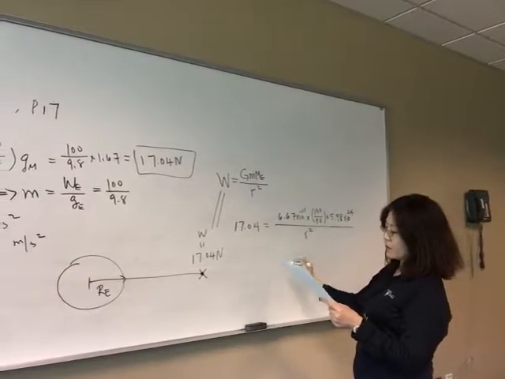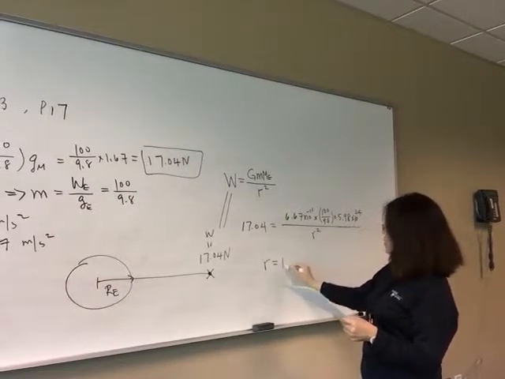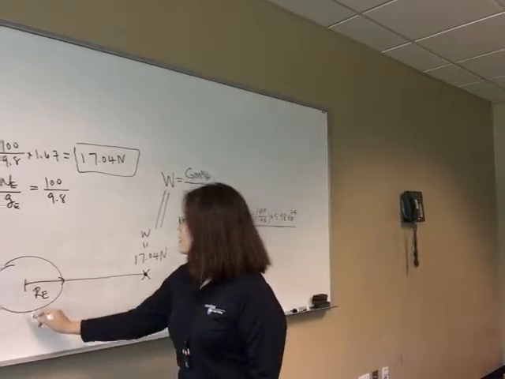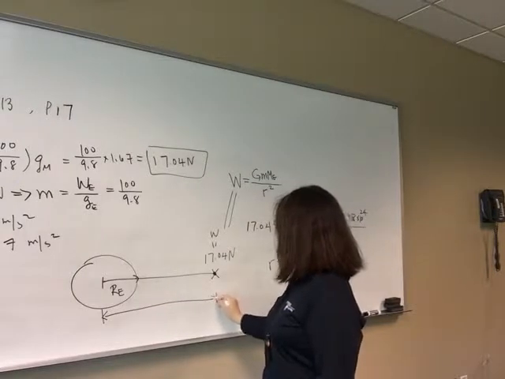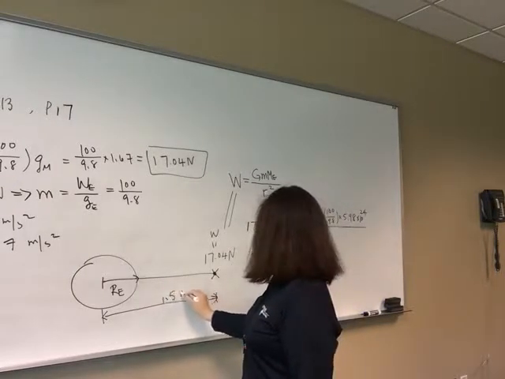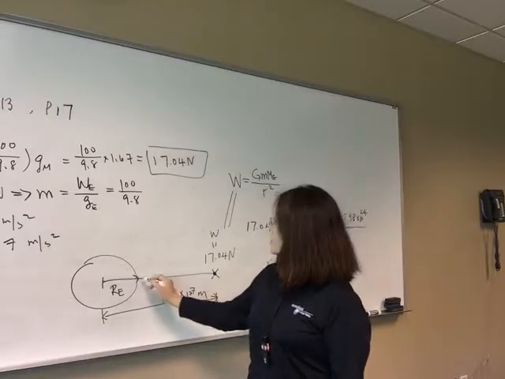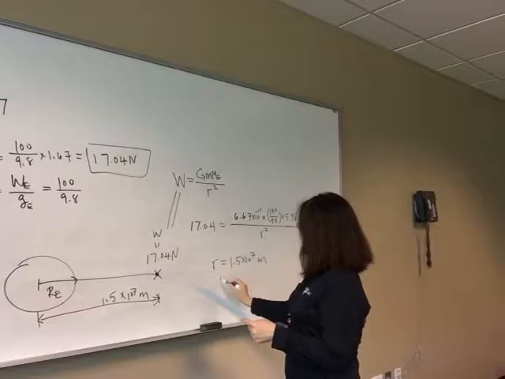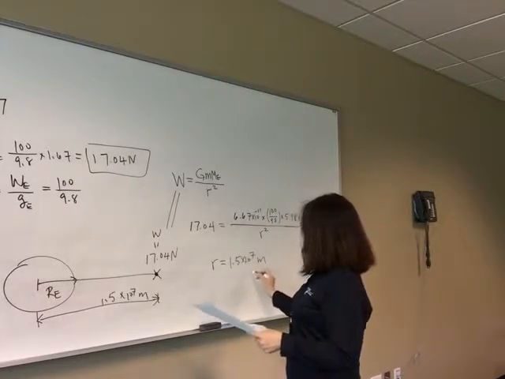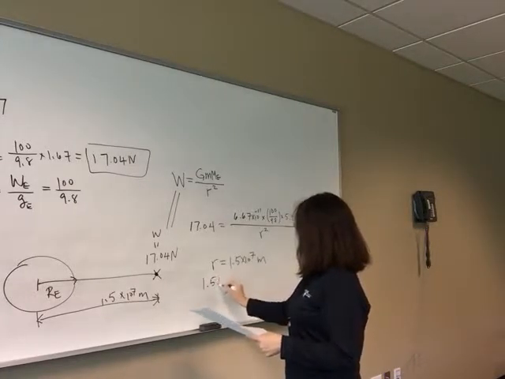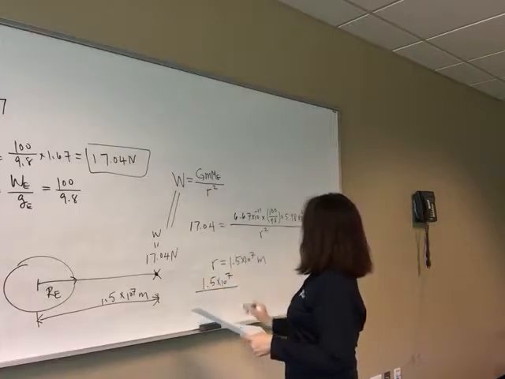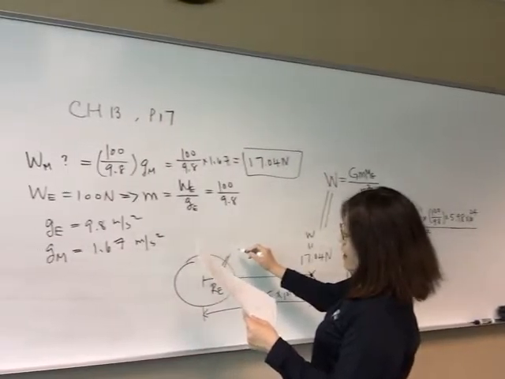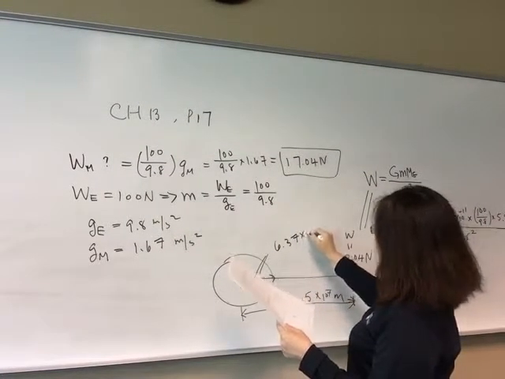After you plug in the numbers, you'll find that R is equal to 1.5 times 10 to the 7 meters. So measuring from this point to this point is 1.5 times 10 to the 7 meters. You're asked how many radii, so you use this number: 1.5 times 10 to the 7 divided by the radius of the Earth, which you can again find in the back of the book.